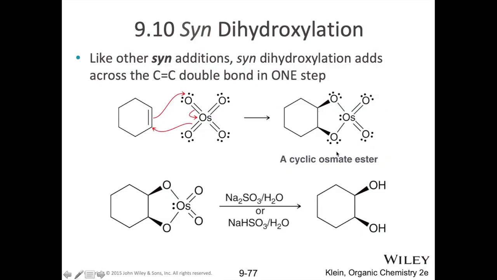It forms this complex, a cyclic osmate ester, and then you can reduce that using sodium sulfite or sodium hydrogen sulfite, and that clips off your osmium and converts these into alcohol groups. But again, notice that because these were both attached to the same metal center, that's why we have the syn addition product.